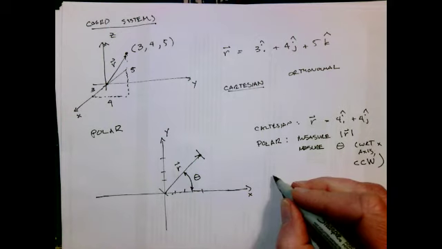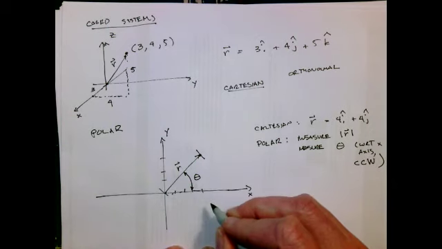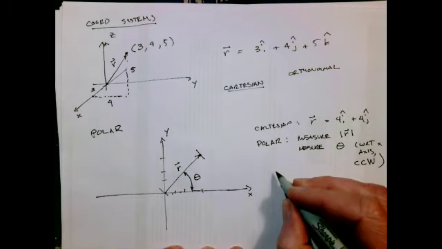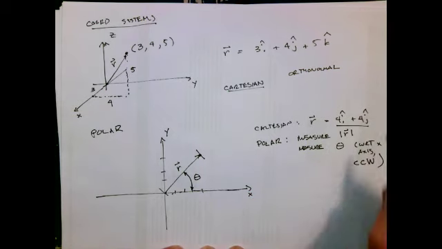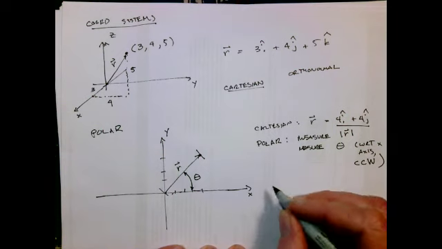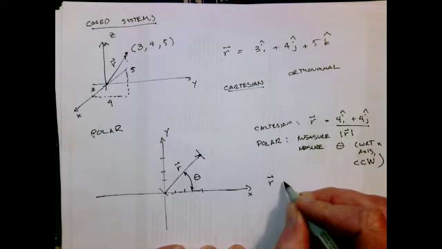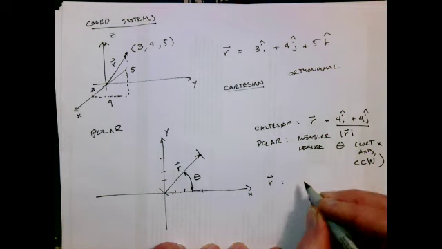So we could also talk about this particular vector r as being represented in a Cartesian sense as 4 times i hat plus 4 times j hat. If we wanted to talk about it in a polar sense, we say that the vector r is given by the square root of 32, right?